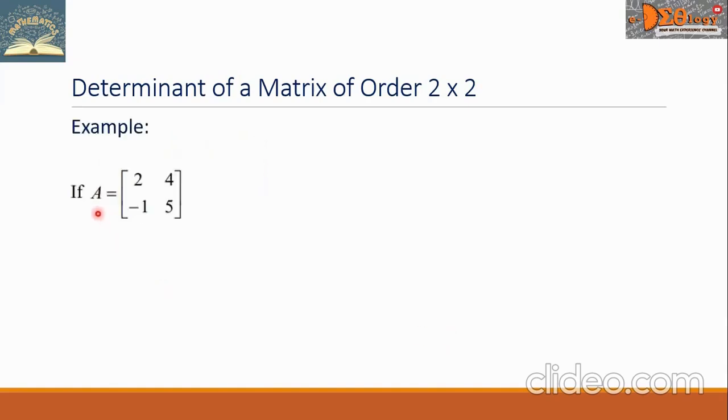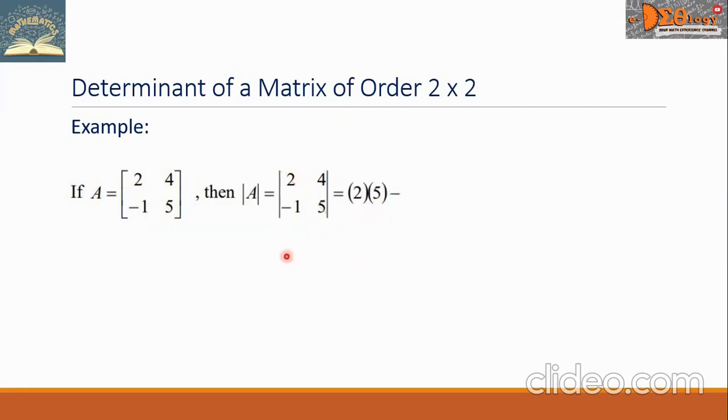Example, if matrix A equals the elements 2, 4, negative 1, 5 respectively, then determinant of A is equal to, we copy the elements of the matrix, then we will multiply the 2 by 5.